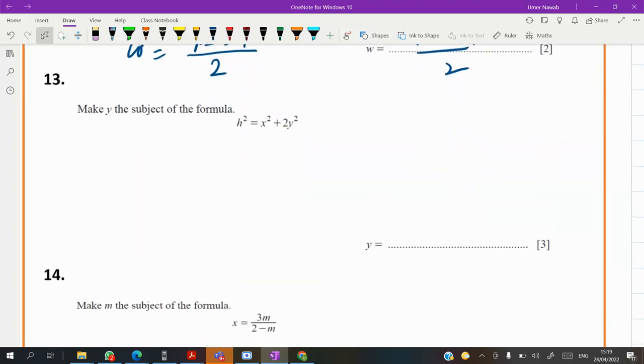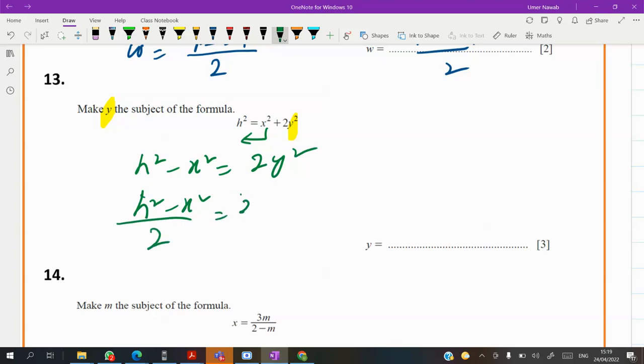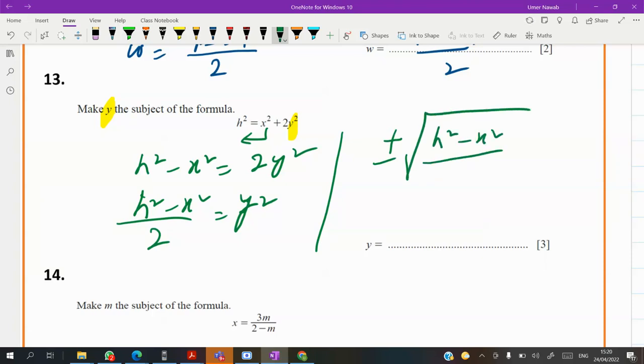If you want to make y the subject, send x squared to the left, so h squared minus x squared is 2y squared, so h squared minus x squared divided by 2 is equal to y squared, and then finally with plus minus sign, the square root of h squared minus x squared divided by 2.